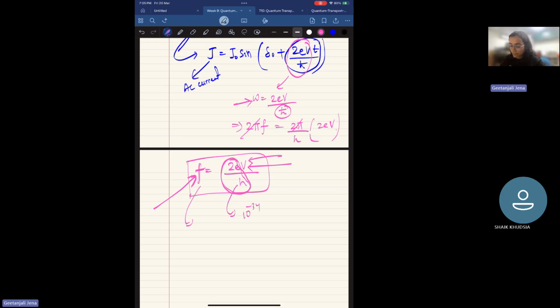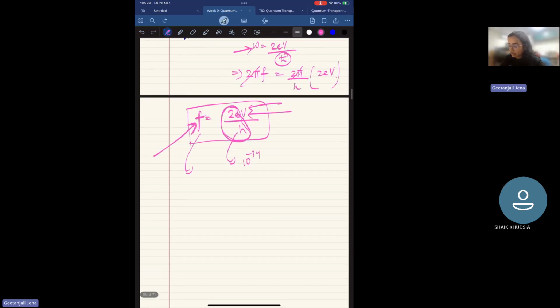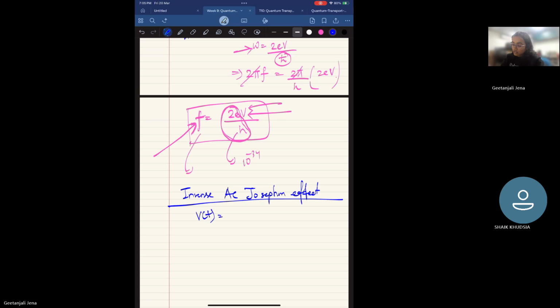Now let us see what is the inverse one. The inverse AC Josephson effect. So for this part, we have an RF voltage in addition to the DC voltage.